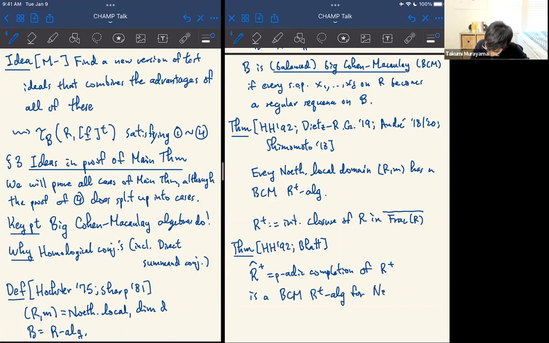For Noetherian local domains. I think actually I need complete local domains of residue characteristic p.